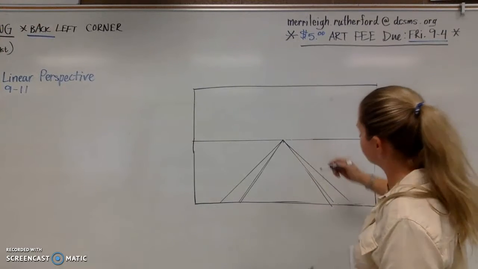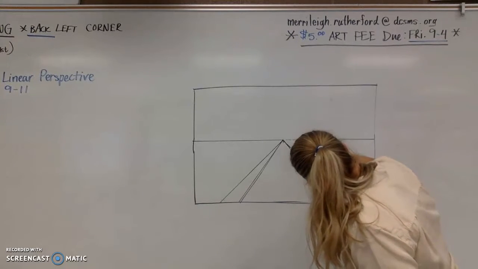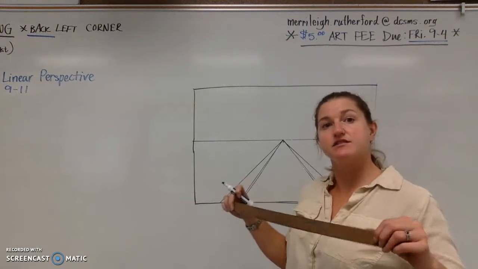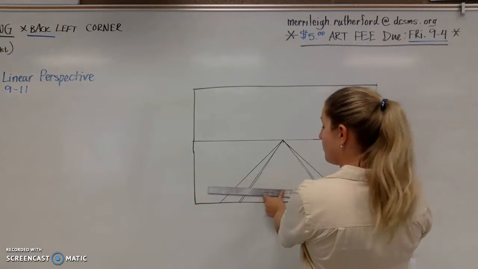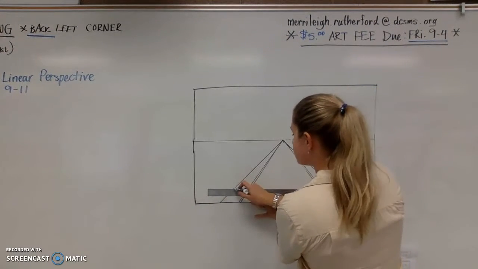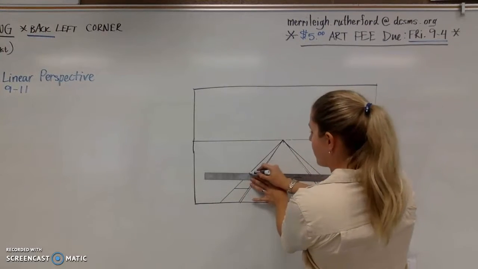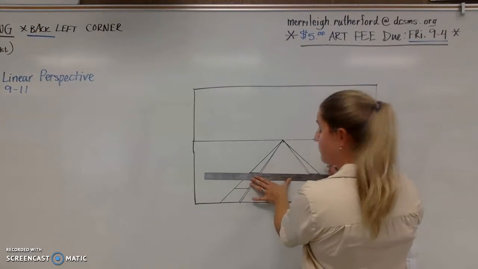All right. So, I'm going to use this and put in the horizontal lines. Only do the big section. As the lines get away from you, they will get closer together.